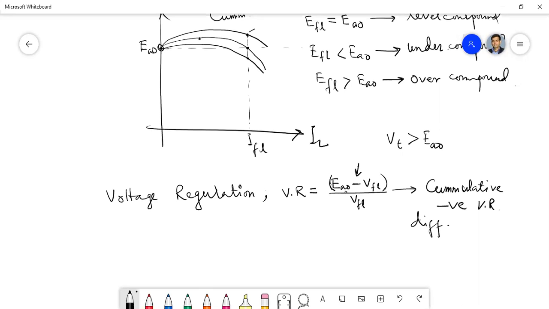So the short circuit current, I think that he has rightly pointed out. I may be mistaken in the curve.